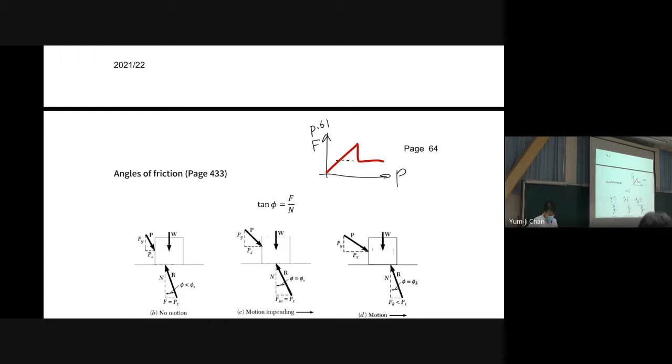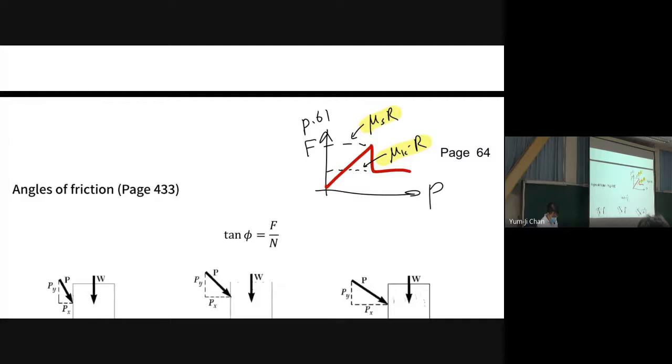Here we have two lines, this is mu s times R, and this is mu k times R, and we use these two quite often. In the book, it would write mu s times N or mu k times N.